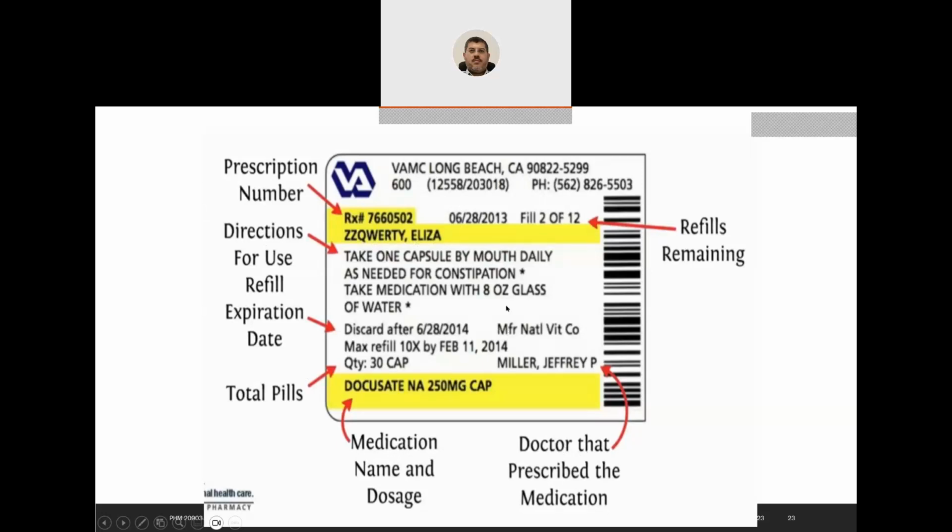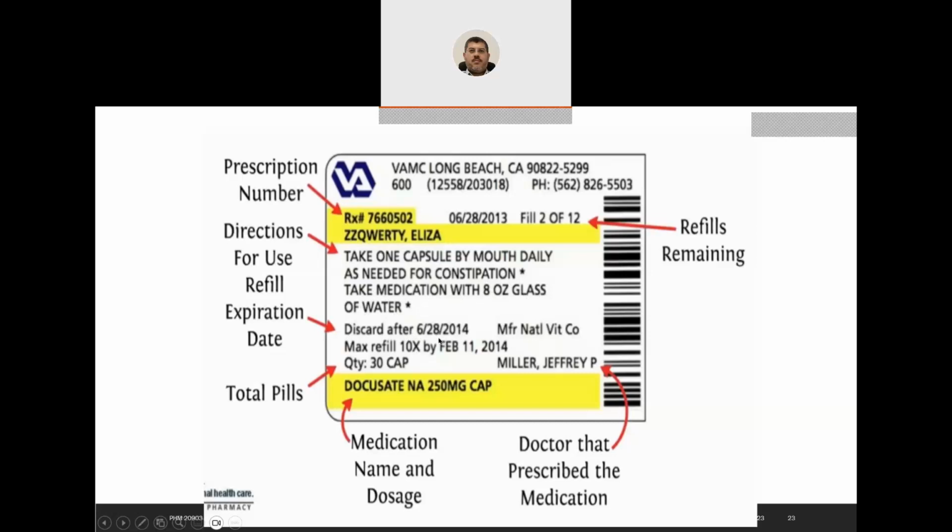Okay, then you have the prescription number, the name of the patient, and information about the medication, how to take it. For example, here: take 1 capsule by mouth daily as needed for constipation. Take medication with an 8 ounce glass of water.